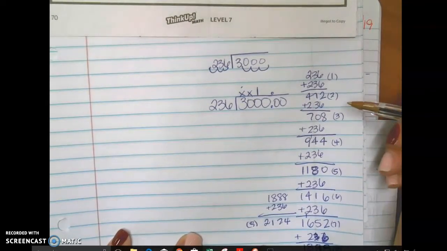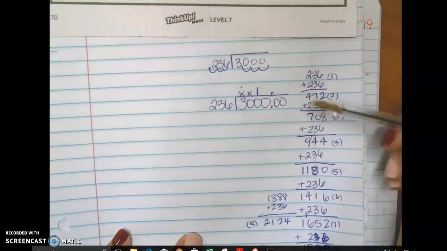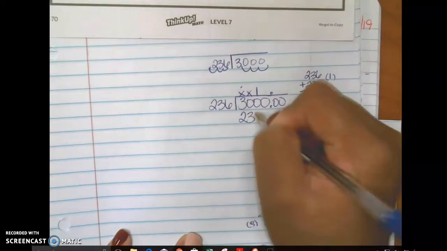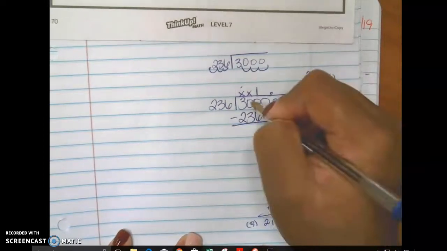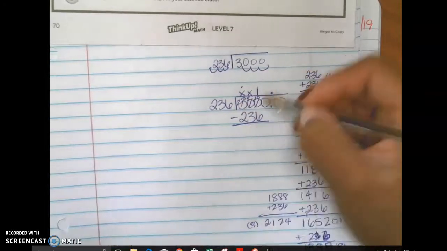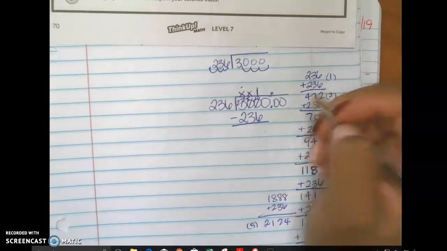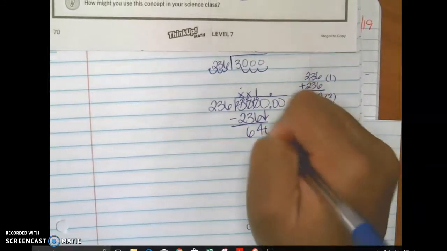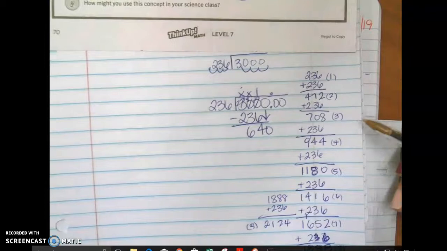Keep going. So 1 times 236. Subtract it. This isn't going to work. So 10, 9, and this is 2. 10 minus 6. 9 minus 3. Bring down the, now what?